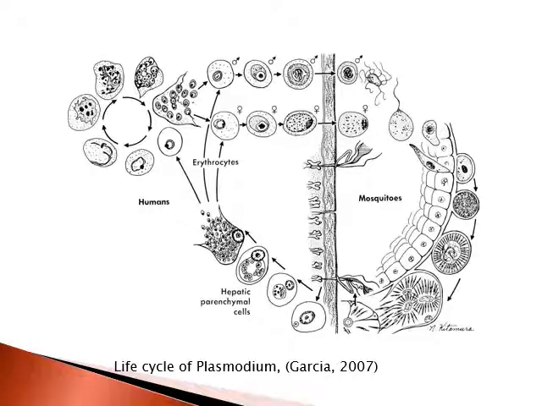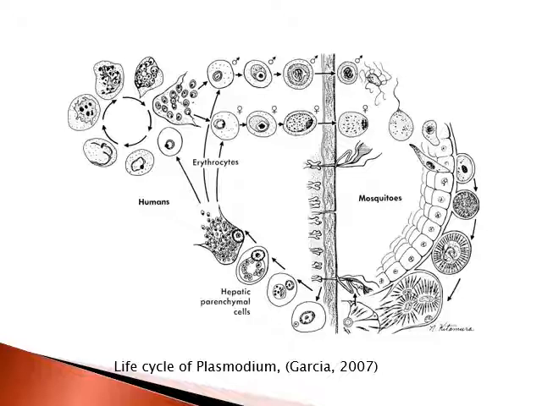This is a diagram of the life cycle of malaria, beginning here with the sporozoites injected into the human skin. They pass with circulation into the liver cells.